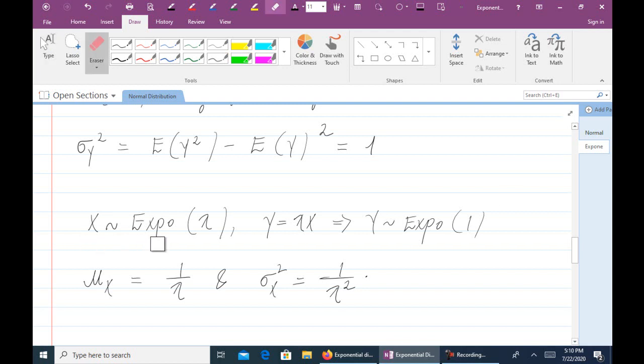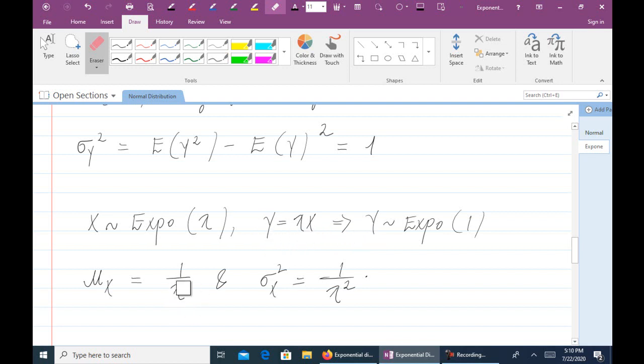Now, X has exponential distribution with parameter lambda, Y is lambda X, and Y has exponential distribution with parameter 1. Since we know that Y has mean 1, and X is equal to Y divided by lambda, the mean of X would be 1 over lambda.